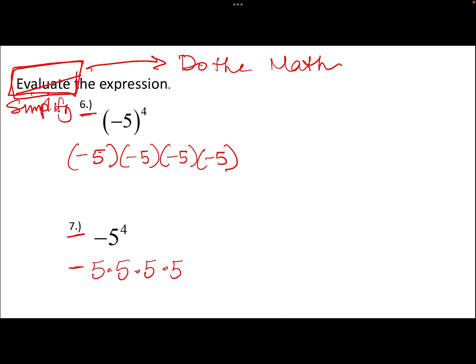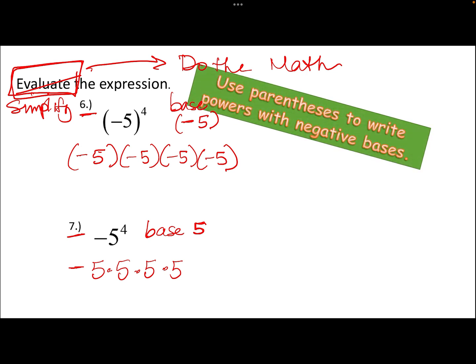In number 6, when there are parentheses, this is saying the base is -5. In 7, without the parentheses, the base is just 5. So the question of the day, is there a difference between problem 6 and problem 7? The answer most definitely is yes.